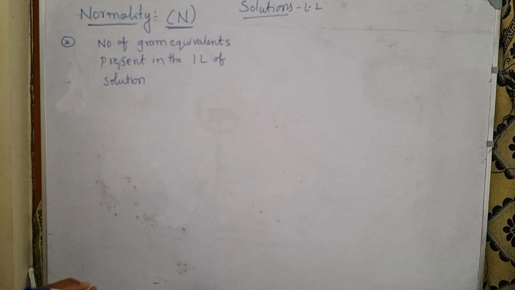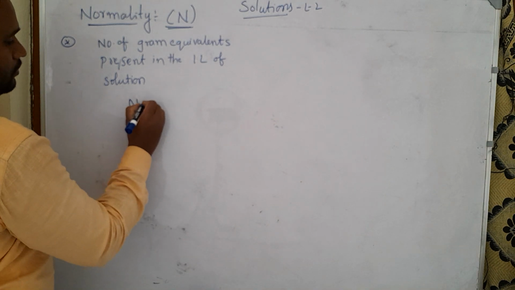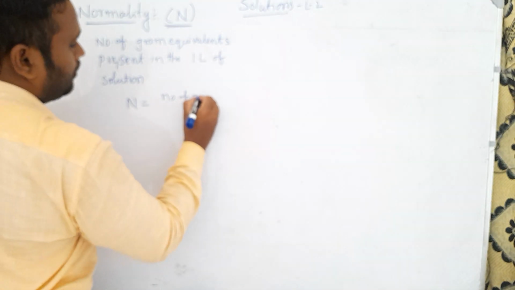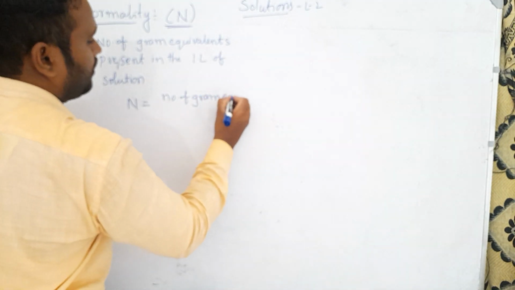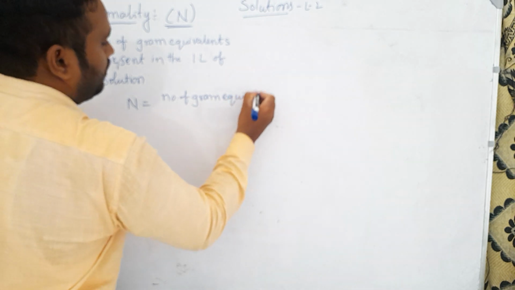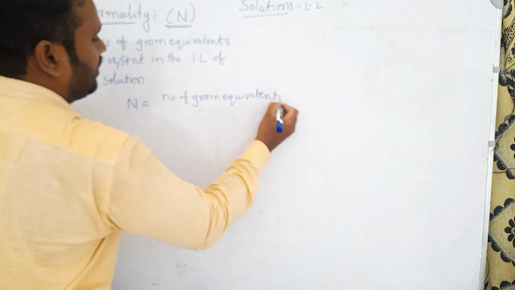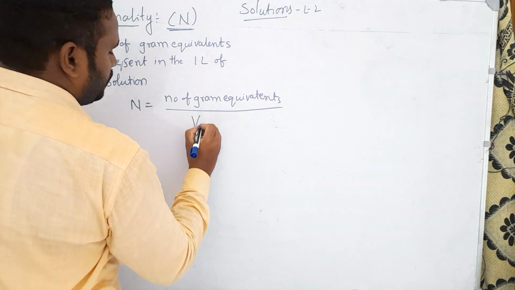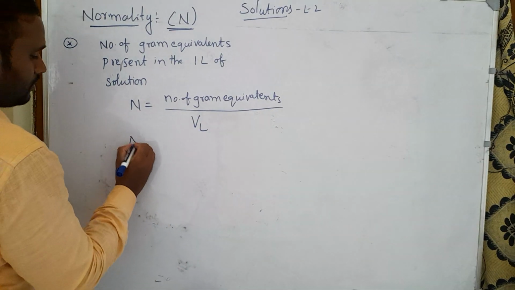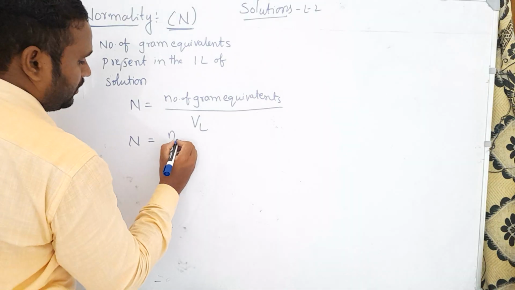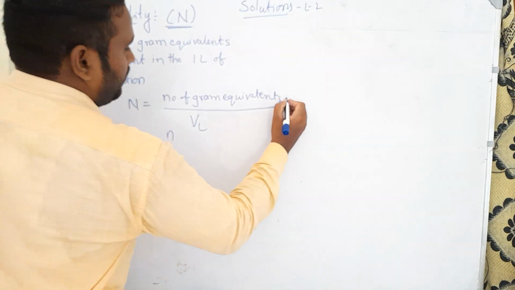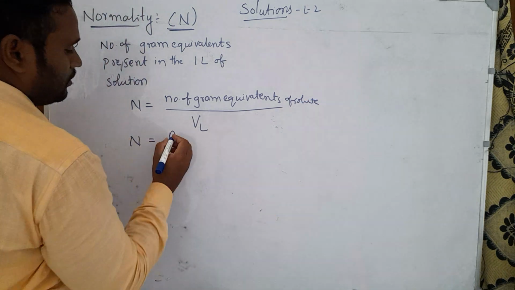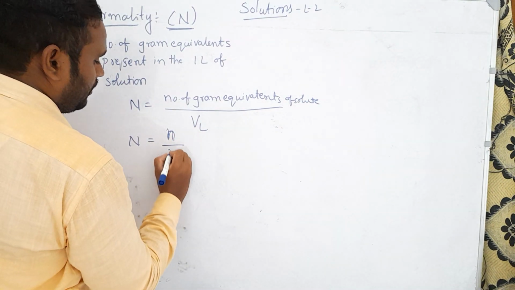Normality. So normality N is equal to number of gram equivalents by volume of solution in liters. Simply, we can write the number of gram equivalents of solute by VL.